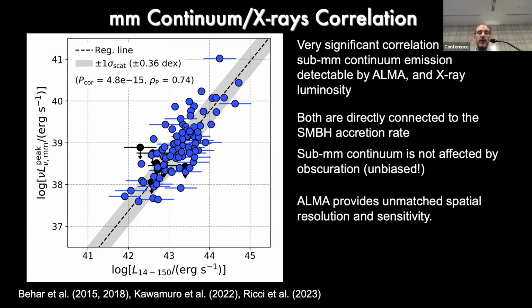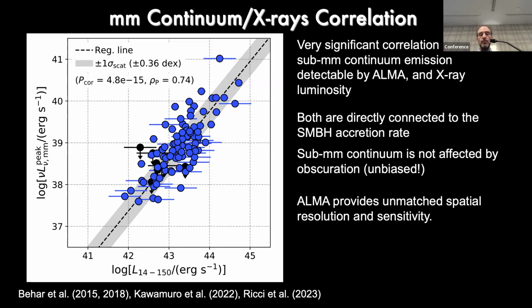The most likely explanation is that they're both directly connected to the black hole accretion rate, and that's why you expect the strong correlation that we see. What is interesting and very useful about this is that, on the one hand, the sub-millimeter continuum emission is not affected by obscuration, so it allows us to trace even heavily obscured systems.